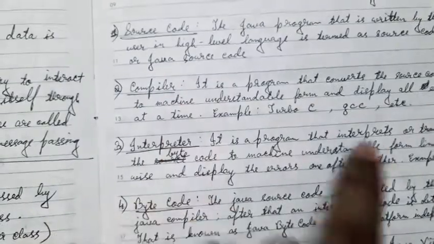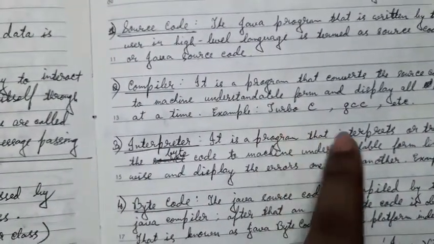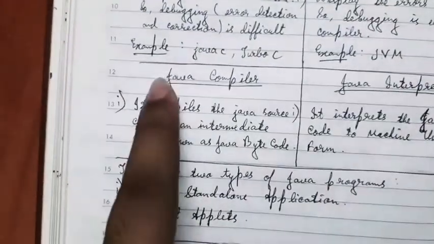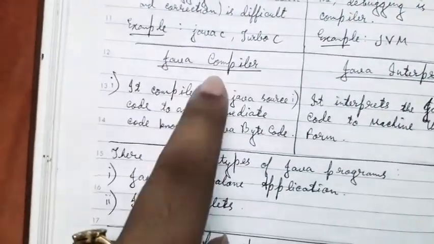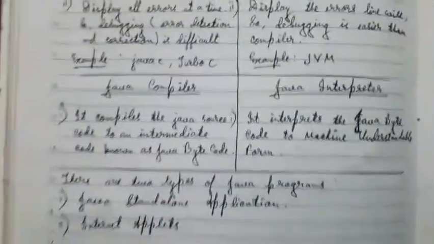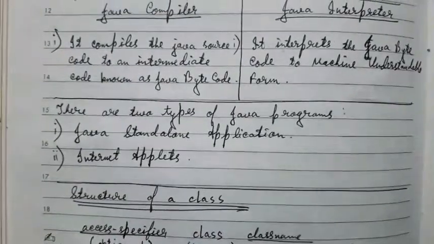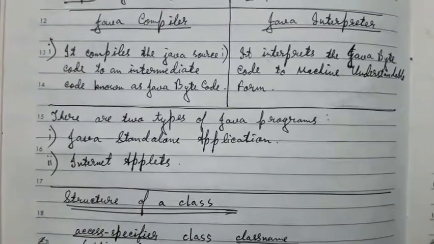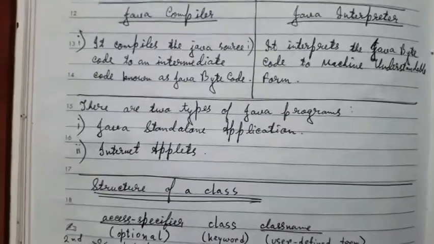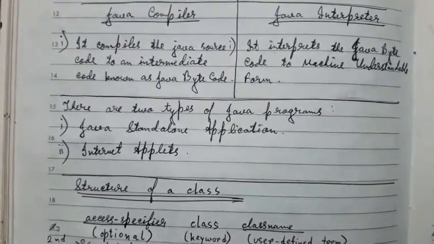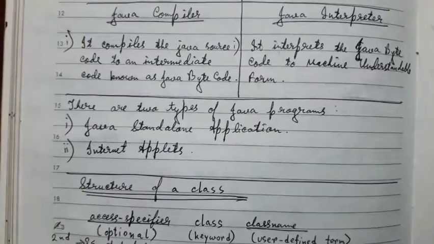See here, compiler refers to other programming languages also, but here particularly it's for Java. That is why the definitions are different. One thing you have to remember is that there are two types of Java programs. The first one is Java standalone application, which we are going to do, and the second one is internet applets, which we are not going to do because that doesn't belong under basic Java, that is advanced Java.